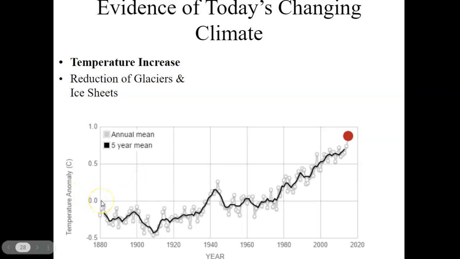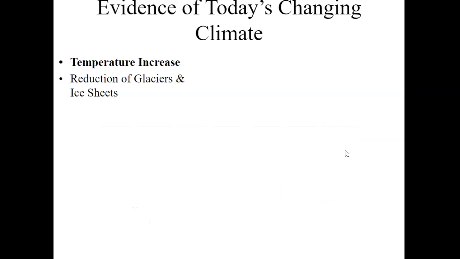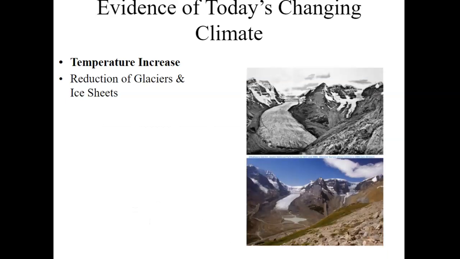So if this is what's typical, this is temperature anomalies starting from 1940 on, showing that trend of warming. Mountain glaciers, if you go and study pictures of those glaciers in time and compare them to today, they're significantly reduced.